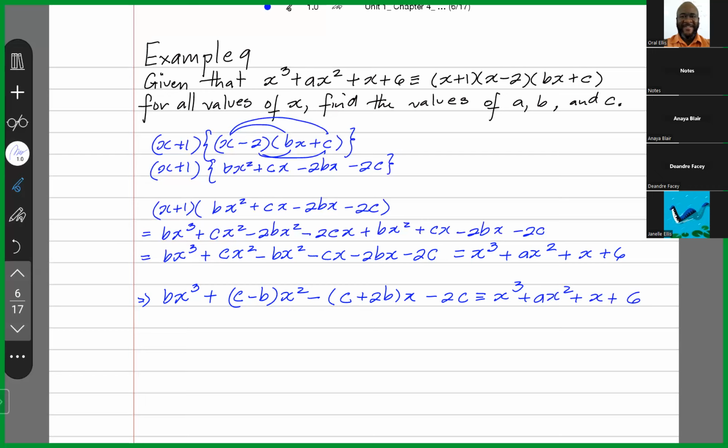All right, so if that be the case, let's see what we can find out immediately. We can determine what b and c is immediately. b is equal to 1. b, of course, is the x cubed coefficient on the left.